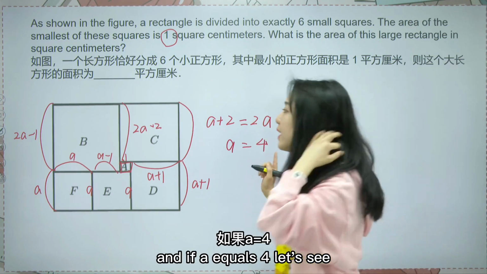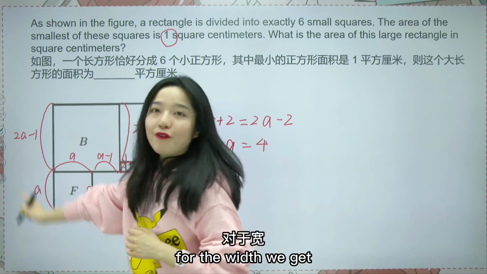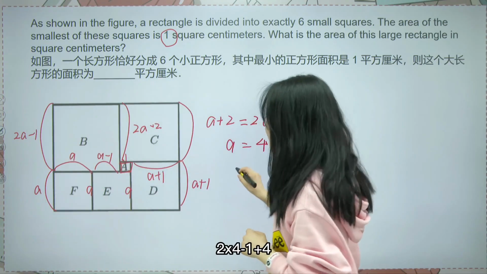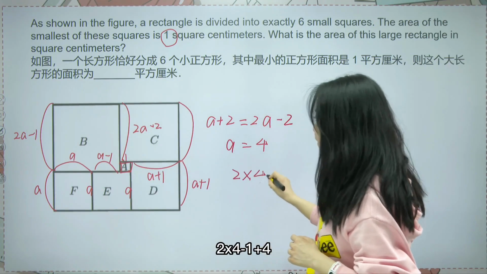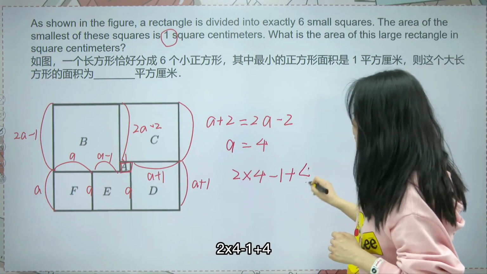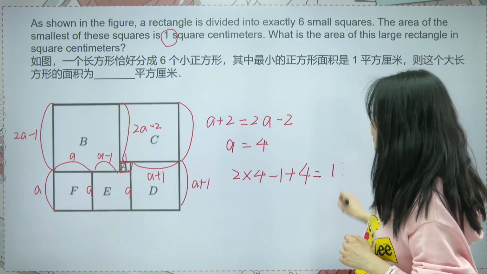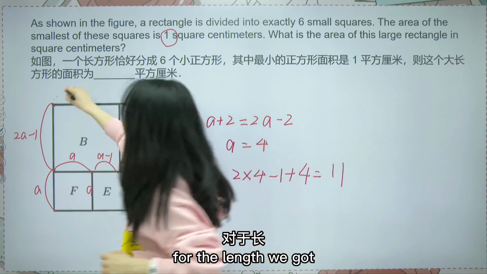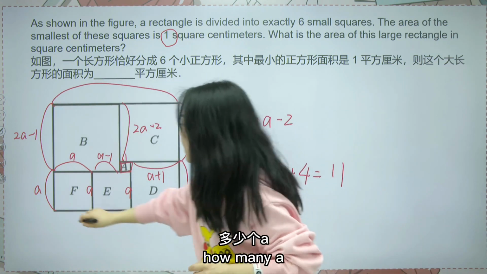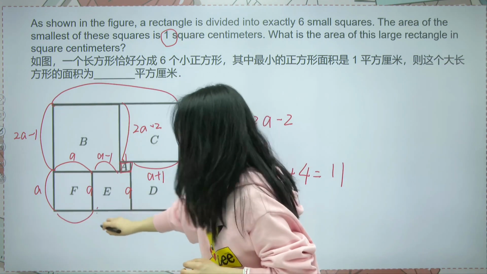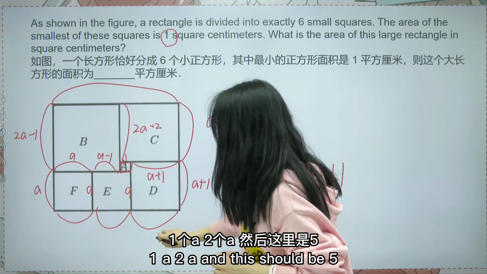And if A equals 4, for the width we got 2 times 4 minus 1 and plus 4 here, so it should be equal to 11. And for the length, we got how many A? 1A, 2A, and this should be 5.